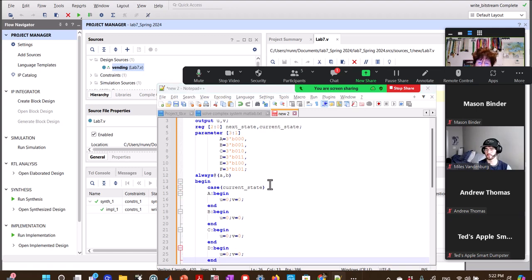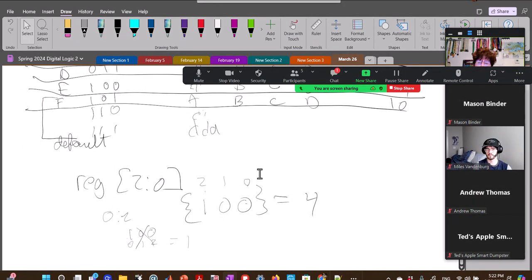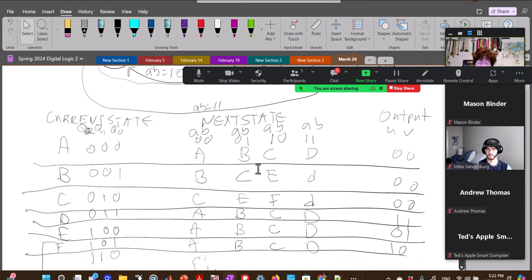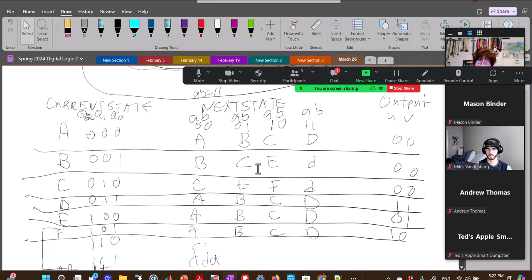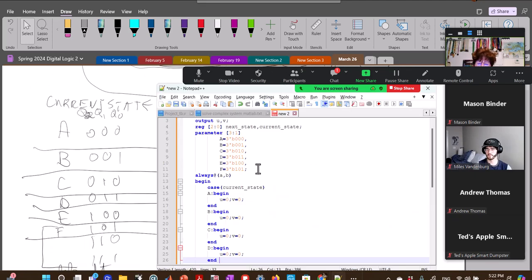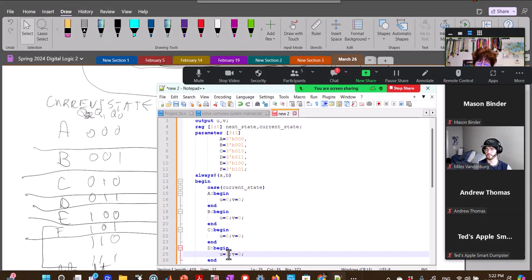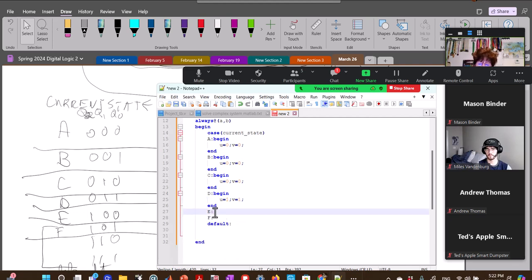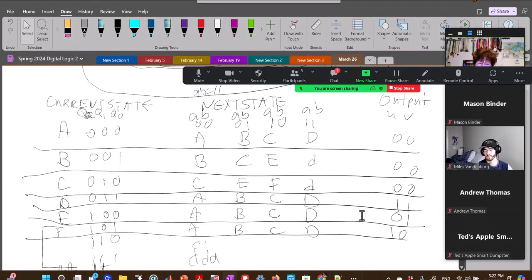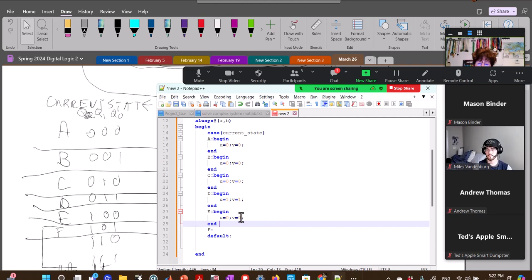And for D, it was 1, 1. And for E, it was 0, 1. And for F, it was 1, 0.